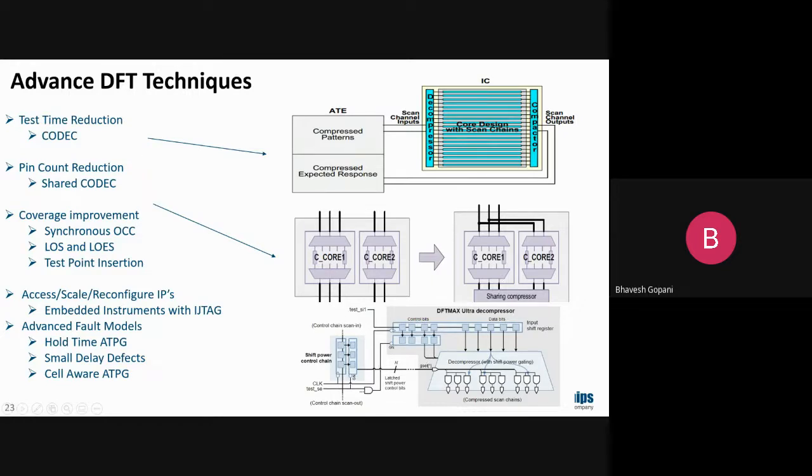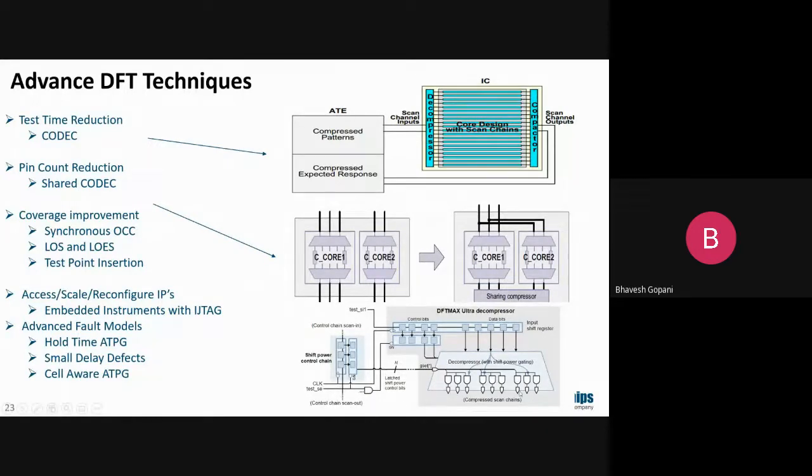The third one is the latest one, which I used in one of my recent designs. This is the DFT ultra compressor. Here my constraint was that I have only one pin as input, and the customer asked us to implement the DFT architecture with only one pin for the input and one pin for the scan out.